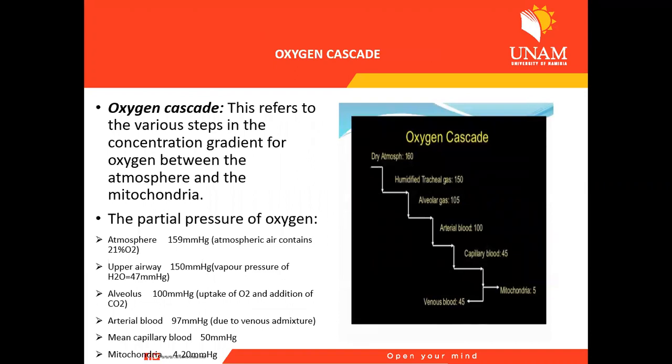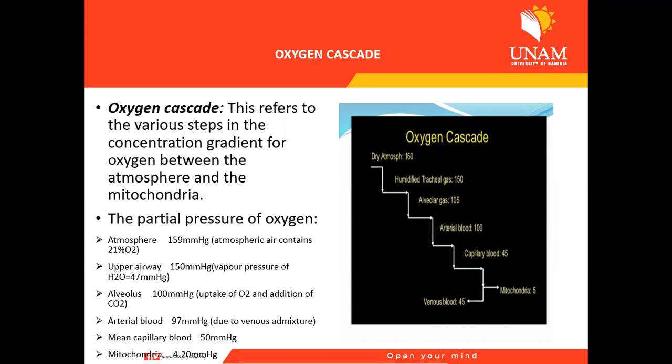Oxygen cascade is just to show us the various steps in the oxygen concentration gradient from the atmosphere to the mitochondria, where it is used for cellular metabolism. The different gradients help the transport of oxygen from the atmosphere to the mitochondria. From the atmosphere, the partial pressure of oxygen is about 159.